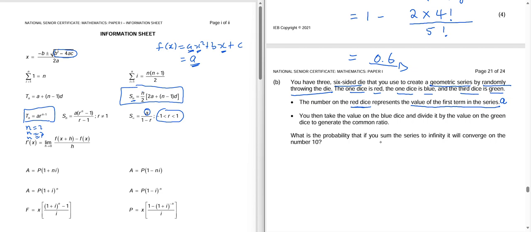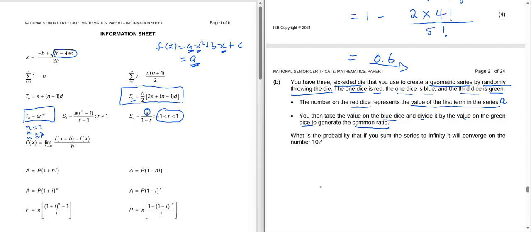Let's think about it. Since it's a 6-sided die, if you throw it, A could be 1, A can be 2, A can be 3, or A can be up to 6. So those are the possibilities when you throw the red die. And then you take the value of the blue die and divide it by the value on the green die to generate the common ratio.